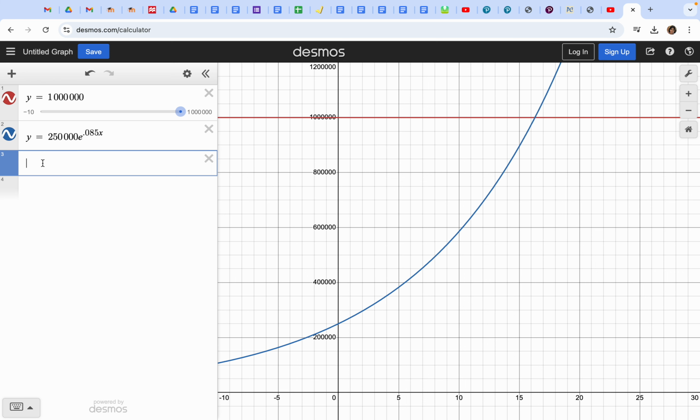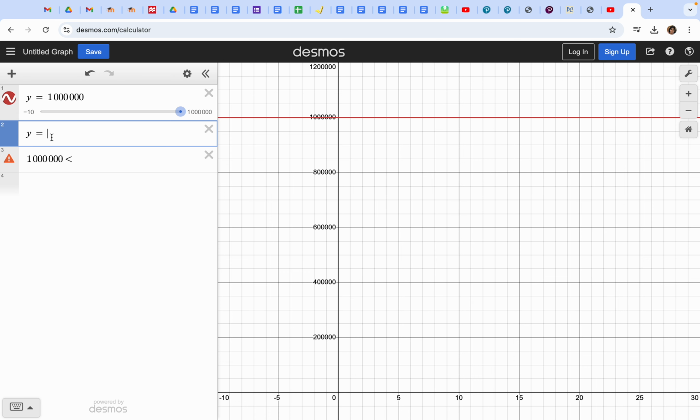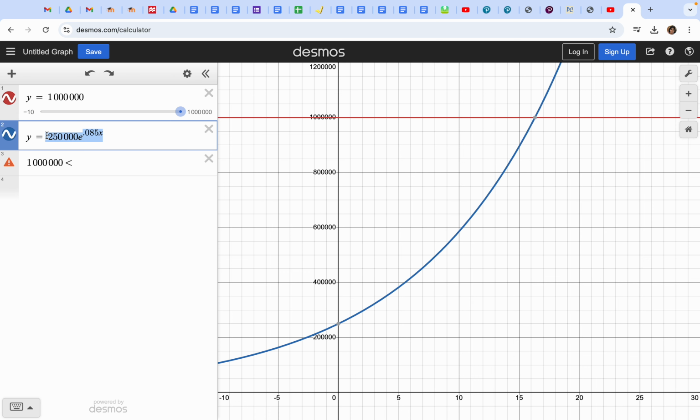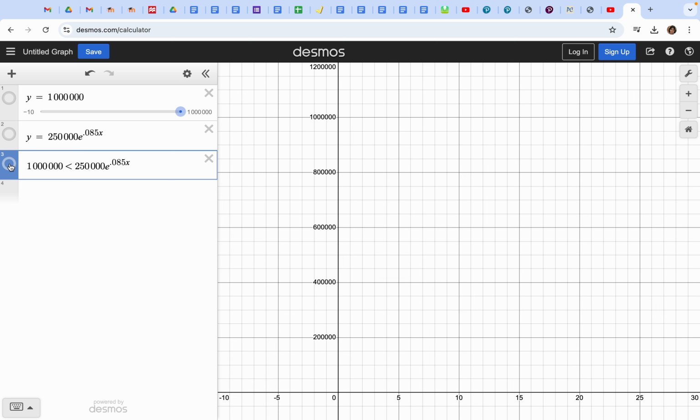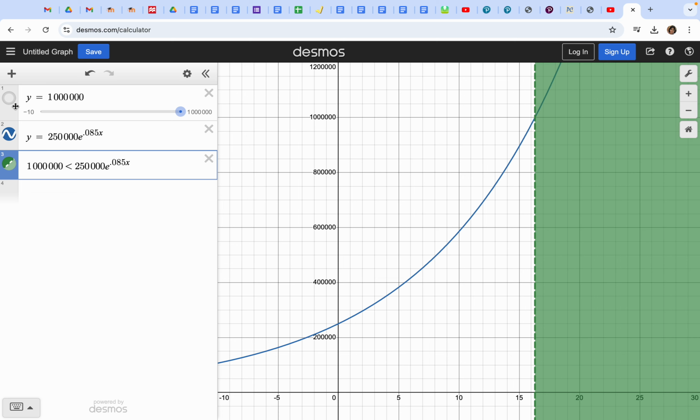And if you wanted to see this all together, we would have 1 million is less than, let me copy paste so I can make it, copy, paste. It's going to show us we're looking at this side over here. And if we don't want to see these two, we do want to see that one. And this lets us see that we're on this side of the graph. We're up here, where it's greater than.